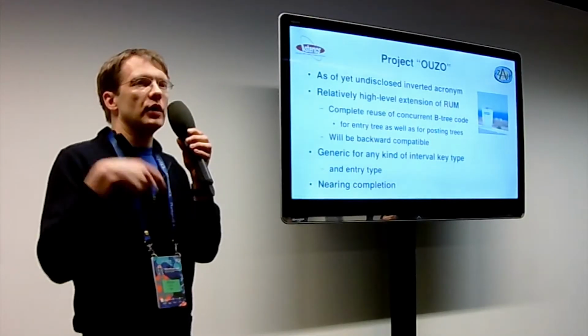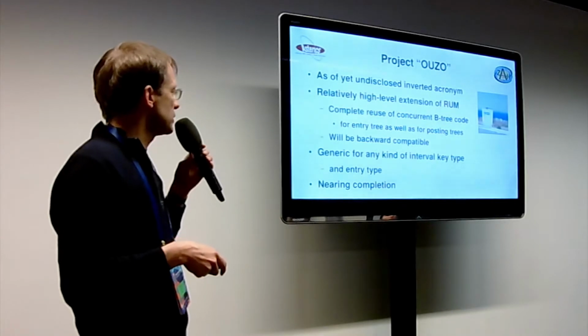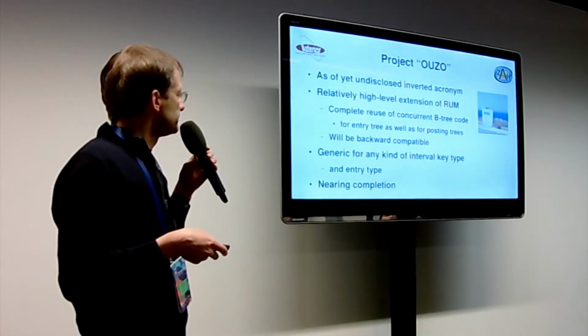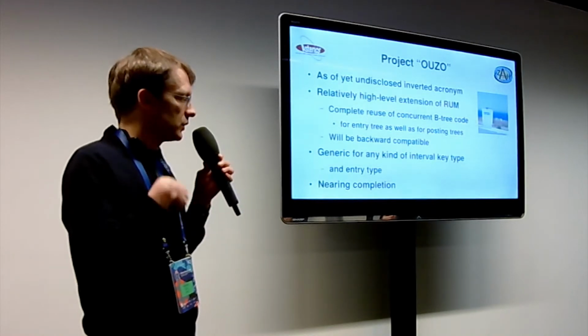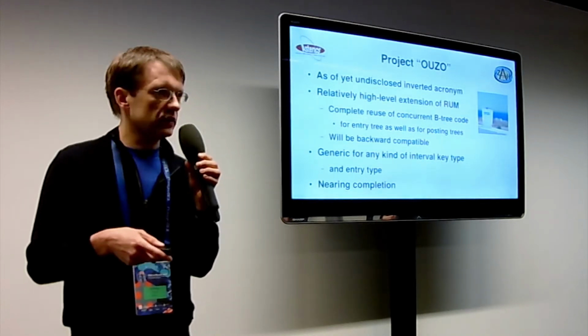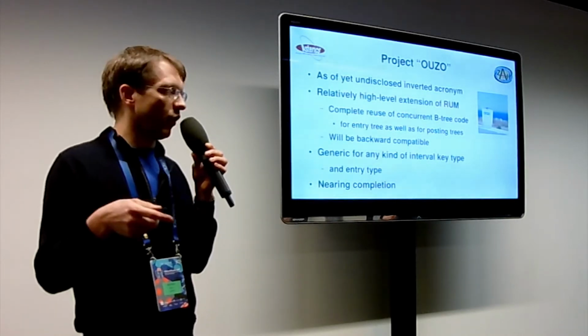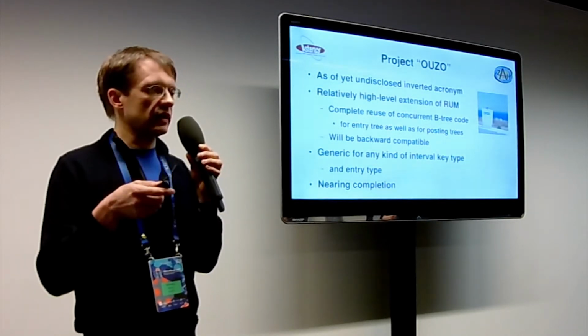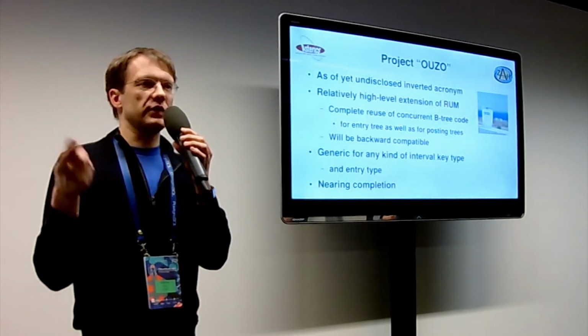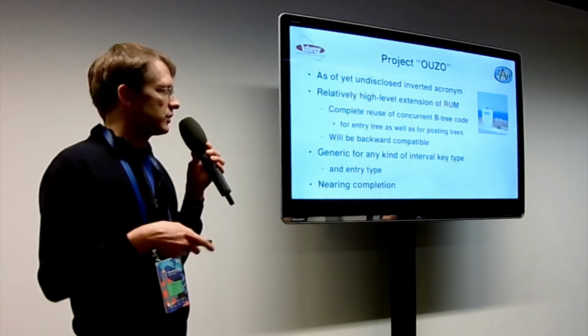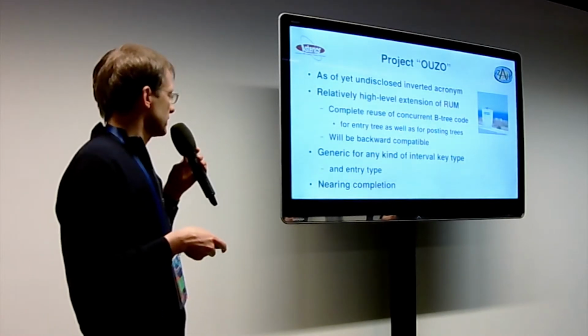It's just additional features that I'm working on there. And what it does is that you can basically index any kind of sets that are comprised of intervals of whatever type. So it is generic in a similar way that RUM already is for other data types.